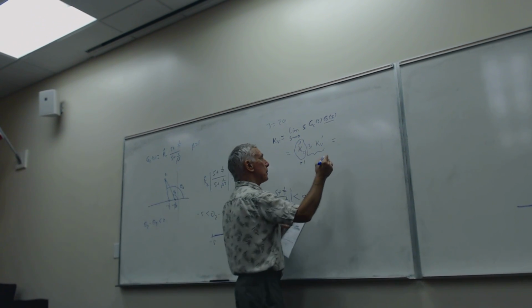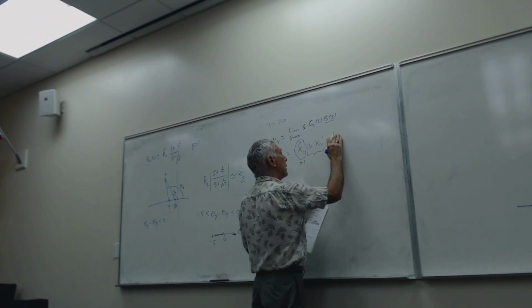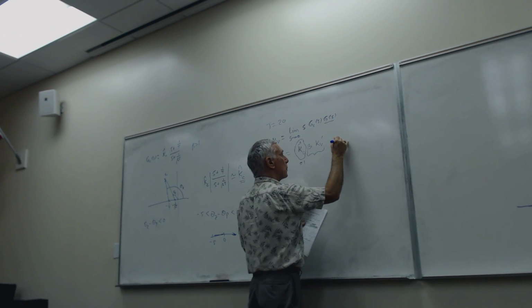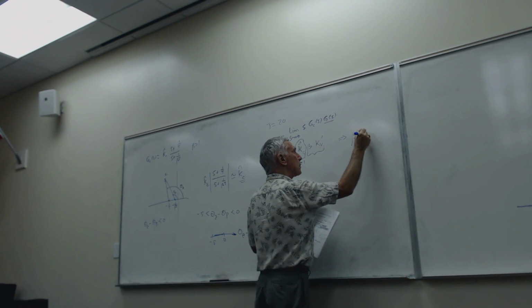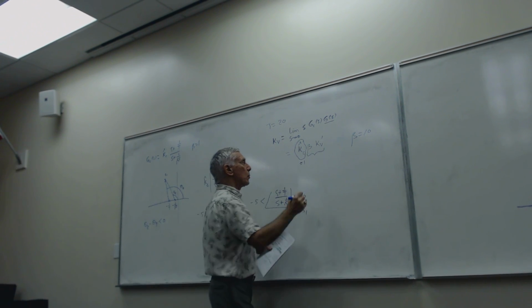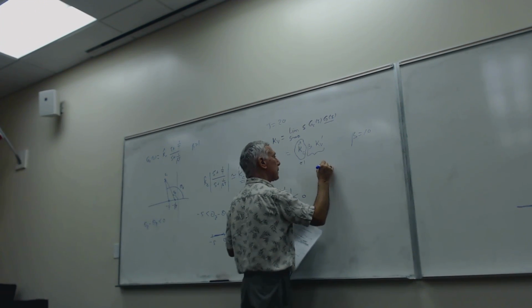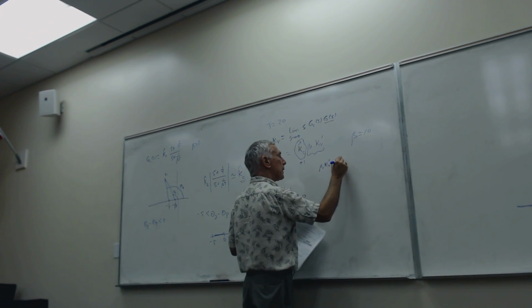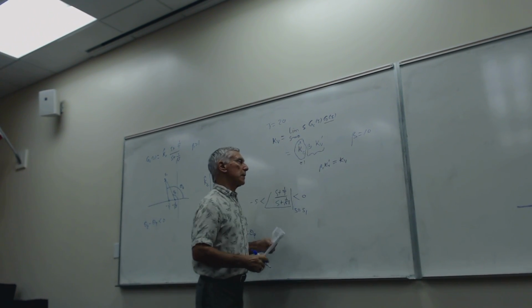Choose beta equal to 10. In other words, we want beta times Kv prime to be equal to the desired Kv.